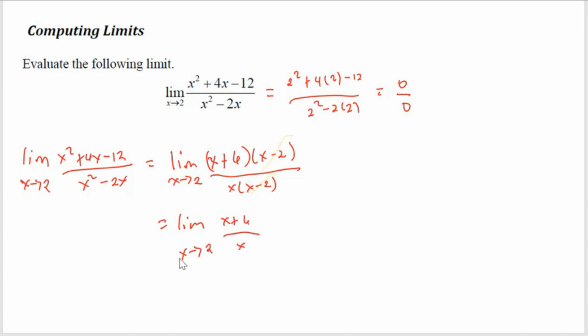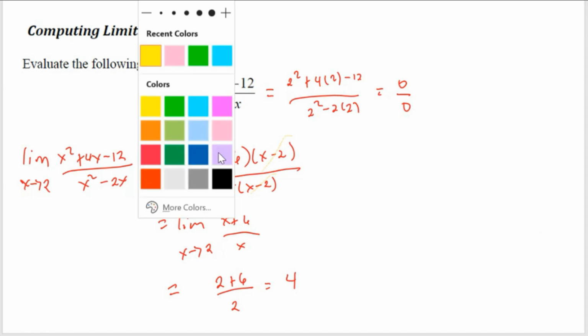Now from there, that's the time you are going to substitute the value of x that is equal to 2. So if we substitute, we have now 2 plus 6 over 2, and that is equal to 8 over 2, which is equal to 4.